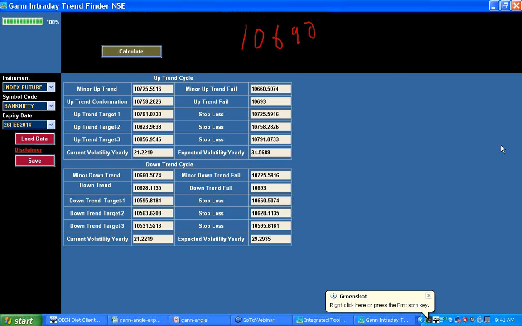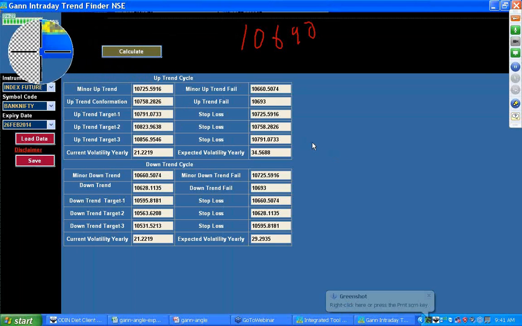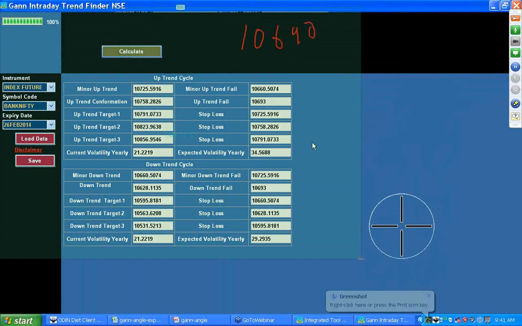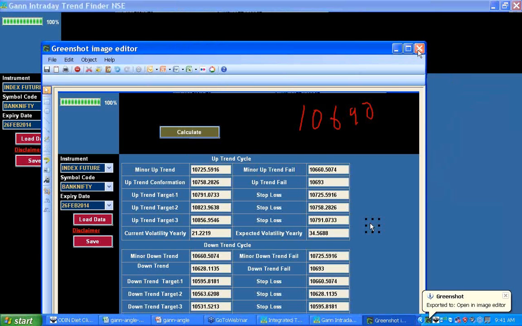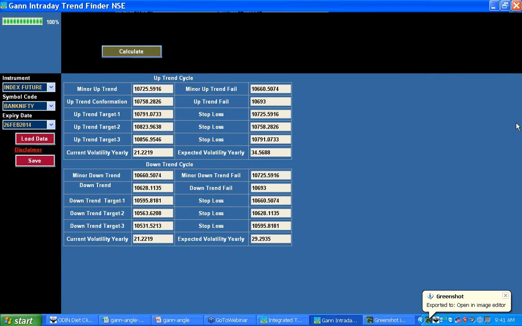You can utilize it for trading also, nothing wrong in that. If neither the uptrend breakout nor the downtrend breakout has happened, you can utilize this factor for your trades also. Let me print it and save this experiment for my future reference.